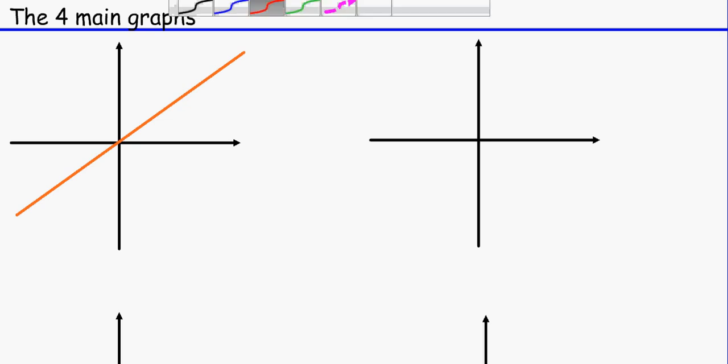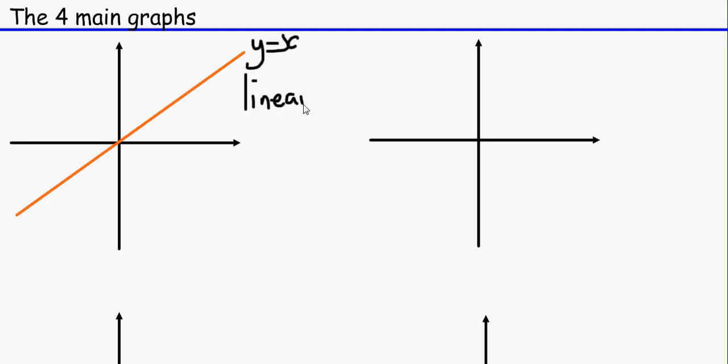So we've all seen this graph before, and this is the graph of y equals x. As you can see, it's very linear, as in it's one big line. One straight line, and it can go on to infinity as well. And it goes through the origin, as with all the other graphs that we're about to draw.